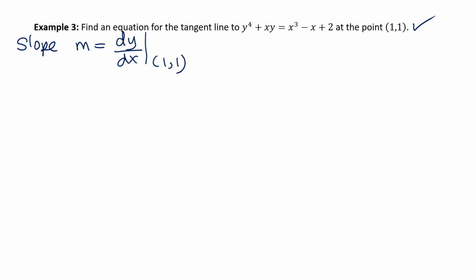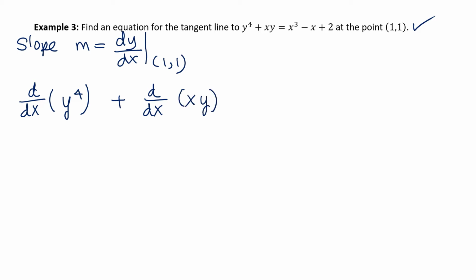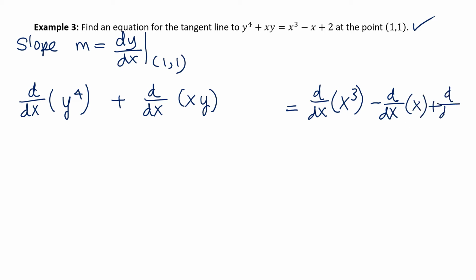So let's find the derivative by implicit differentiation first. So we will take the derivative d/dx of the term y to the 4th, plus d/dx, that's the derivative with respect to x, of the product x times y, is equal to d/dx of the term x cubed minus d/dx of x plus d/dx of 2.